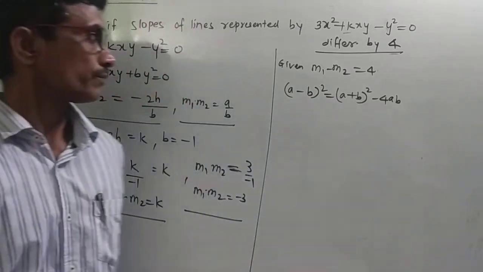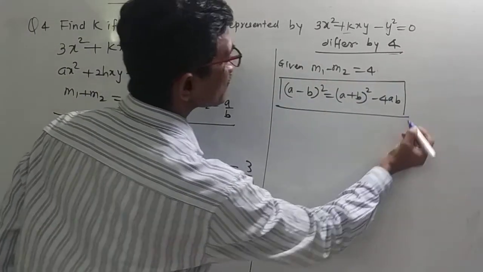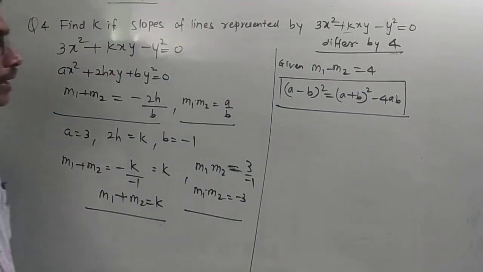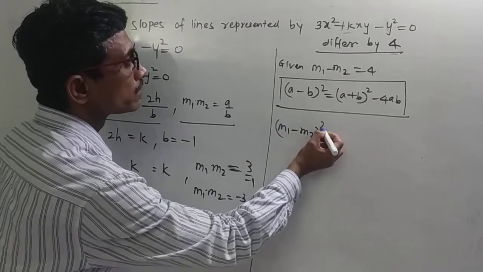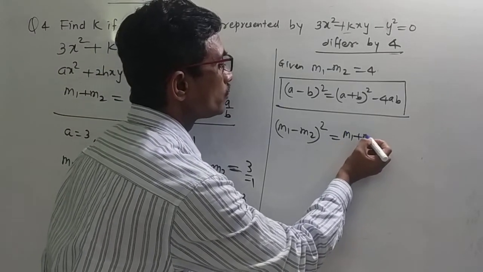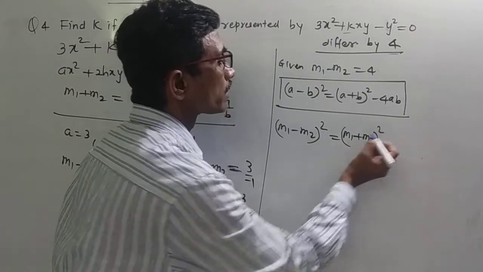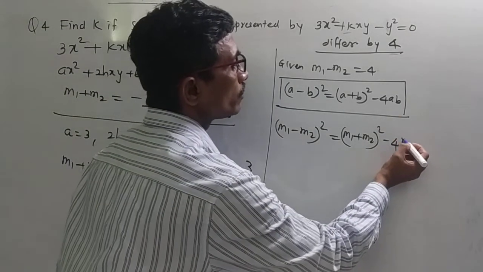On the right, 2ab minus 4ab will be minus 2ab. So both are the same, and therefore we use this identity. m1 minus m2 whole square is equal to m1 plus m2 whole square minus 4 m1 into m2.